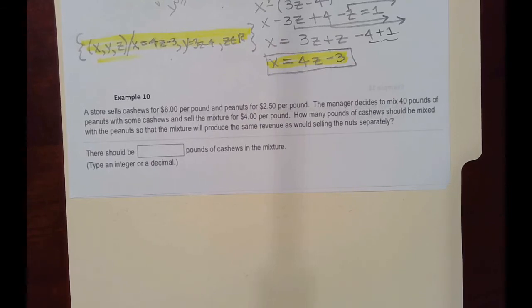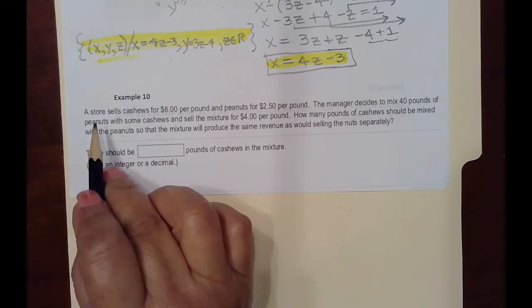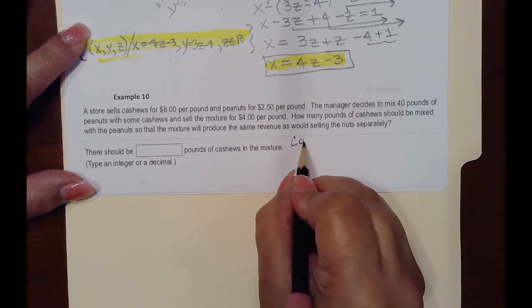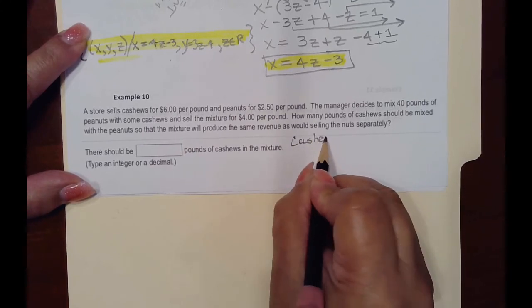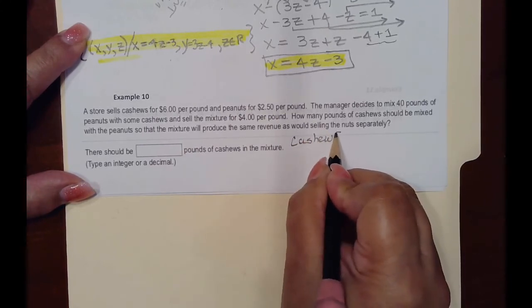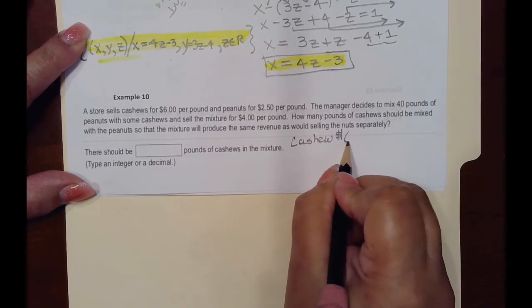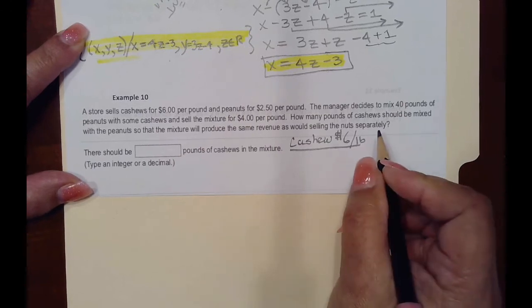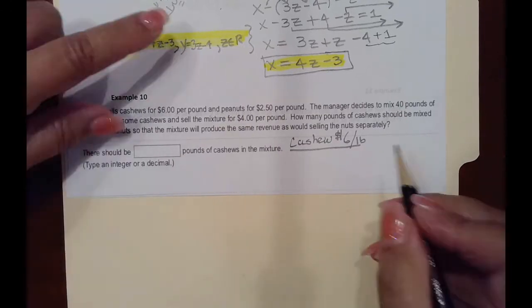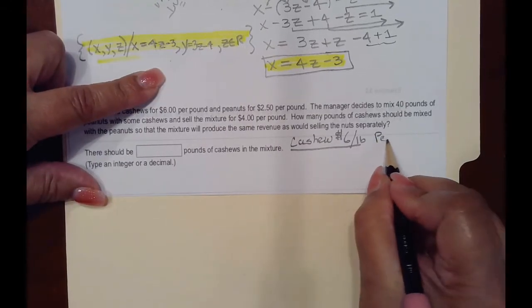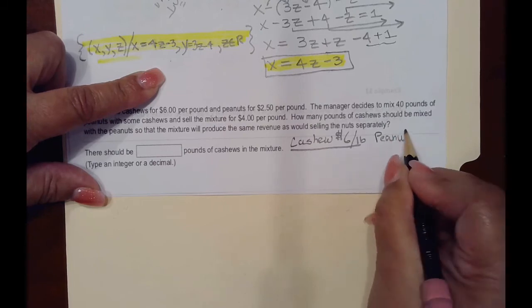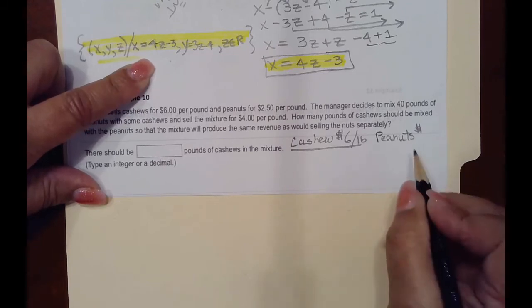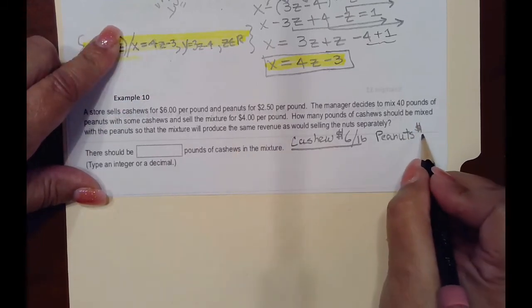It says that we sell cashews for $6 a pound. Okay, that's $6 per pound. We also have peanuts, which are $2.50 a pound.